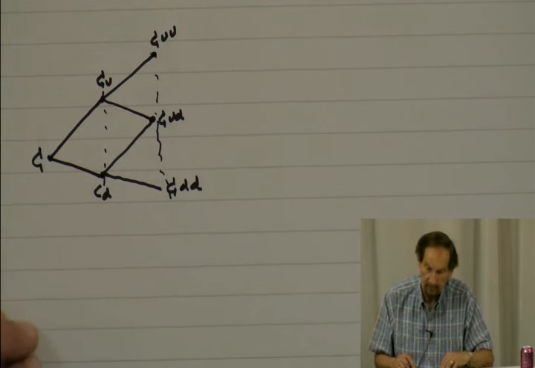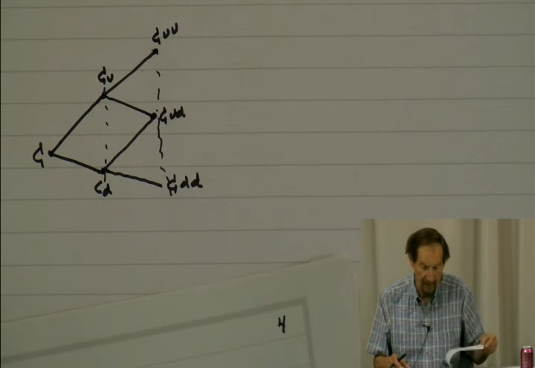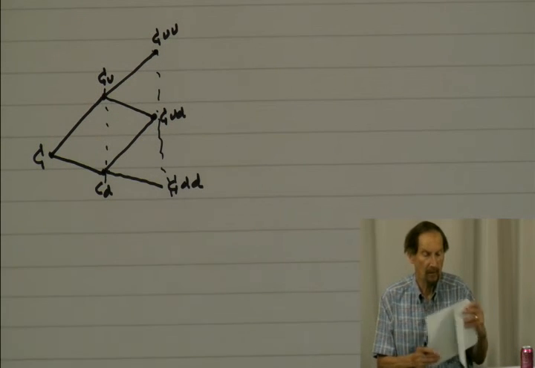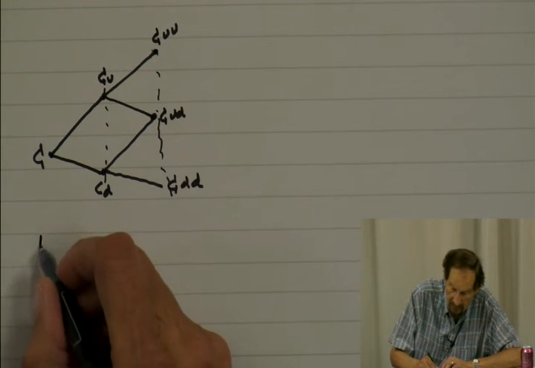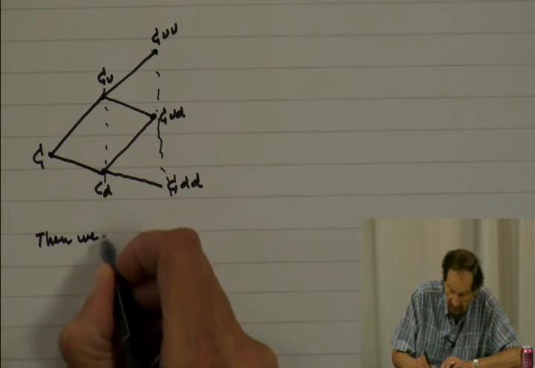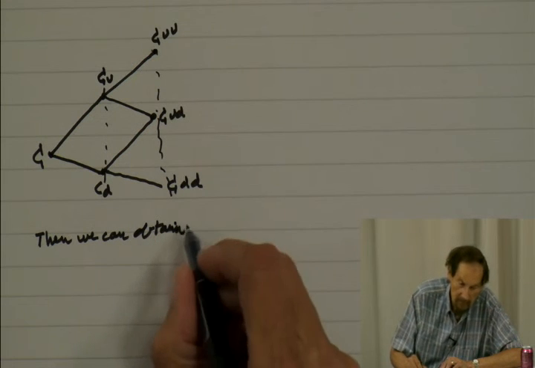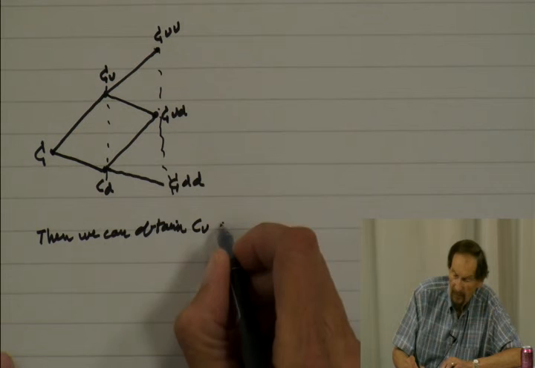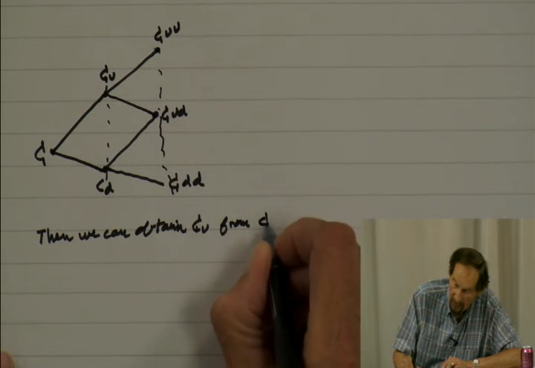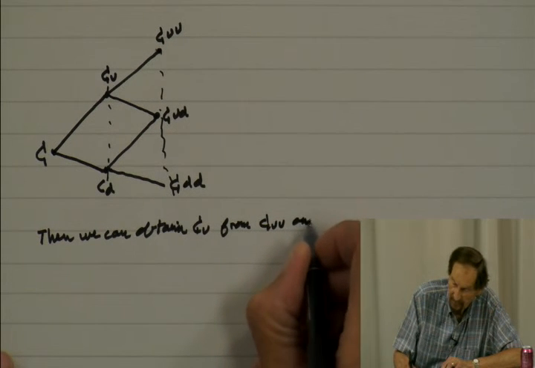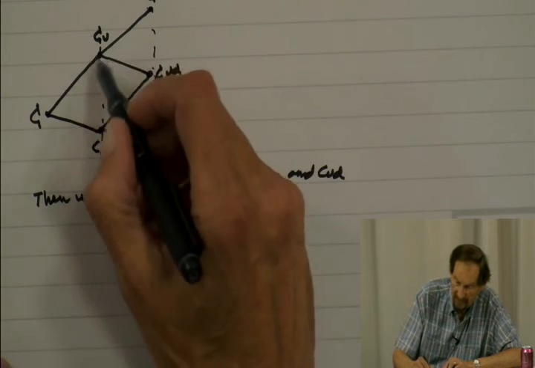Okay. Now, we can use our pricing formula again. Then we can obtain CU from CUU and CUD. Okay, so we want to look at the CU.